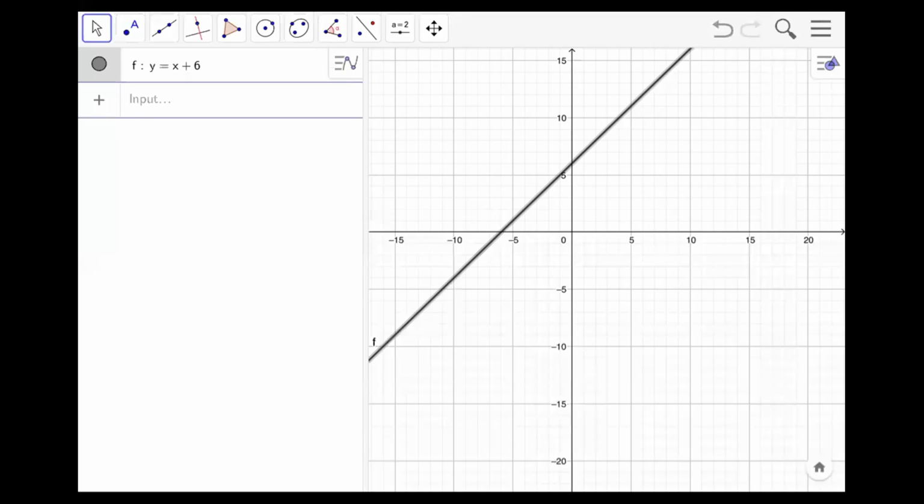And what are the coordinates of that place where the graph intercepts the y-axis? 0, positive 6. So the y-intercept of y equals x plus 6 is 0, comma, positive 6, right? Thank you, Mr. Cardona. Good job.